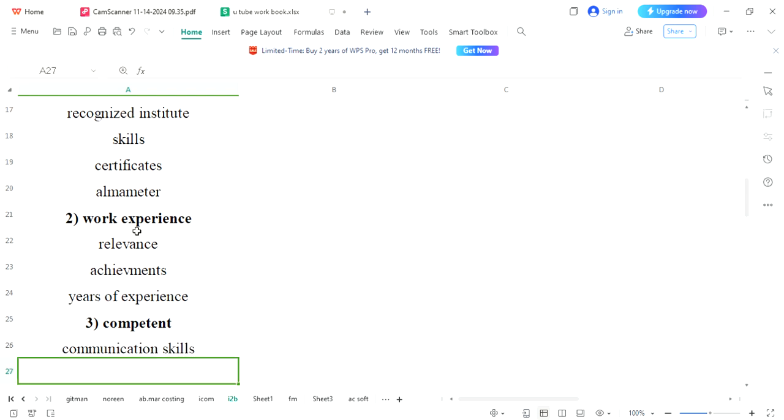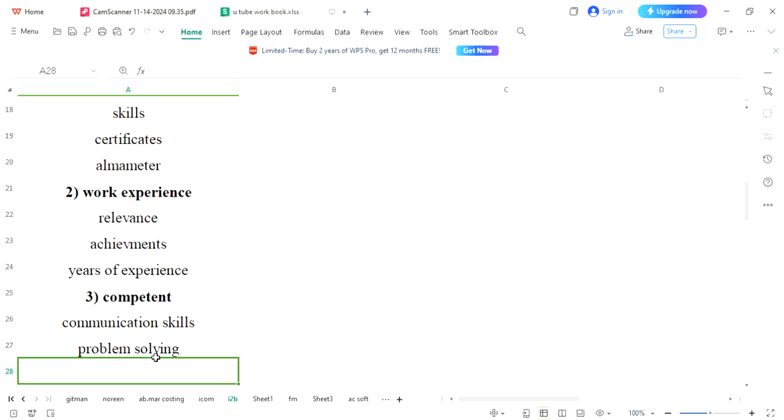Sometimes a person has the degree, sometimes he has experience as well, but he does not have complete and comprehensive communication skills, so his productivity would lack and he will not be able to perform well. So you will test in the interview whether he has good communication skills or not, and then you will test whether he is problem solving or not.